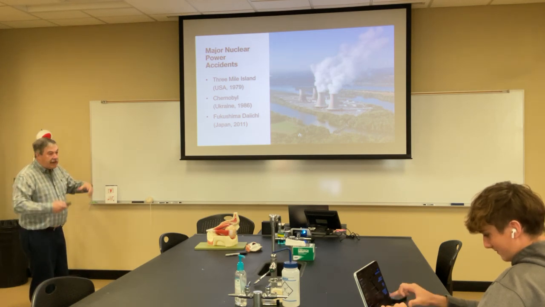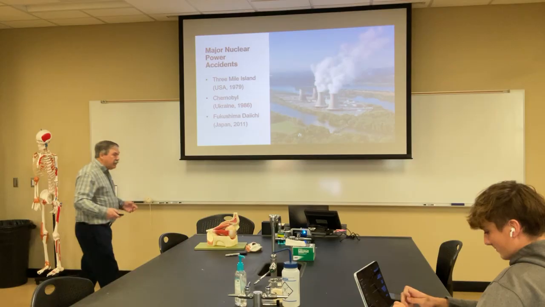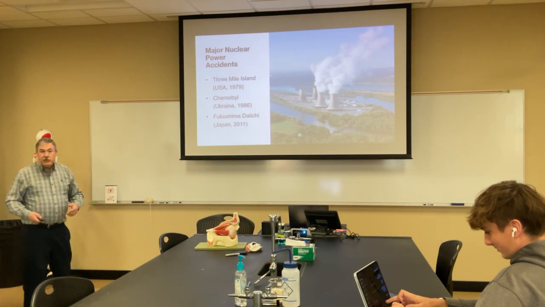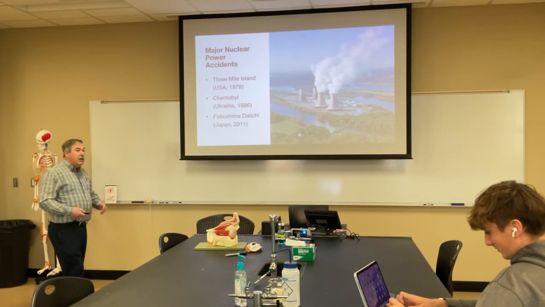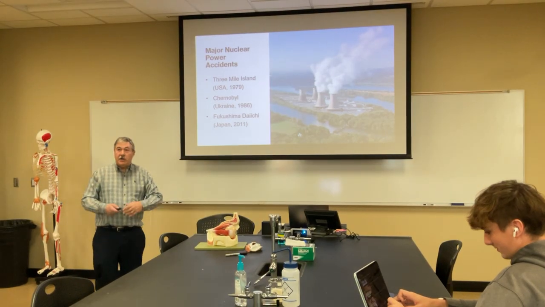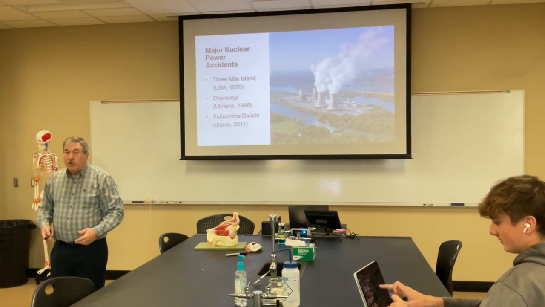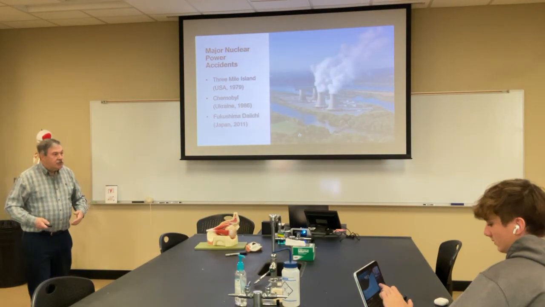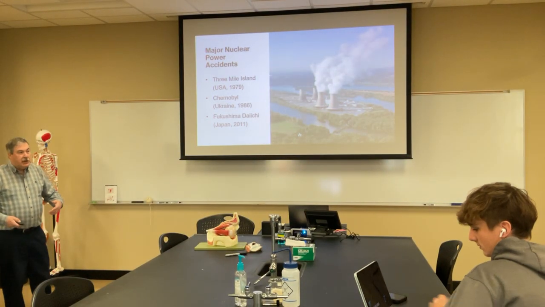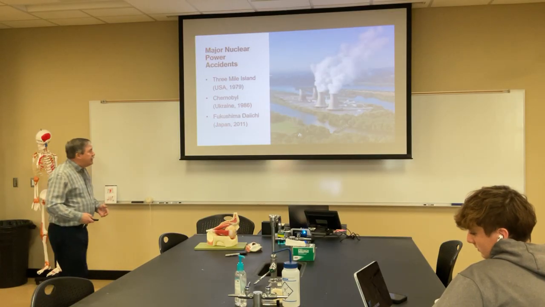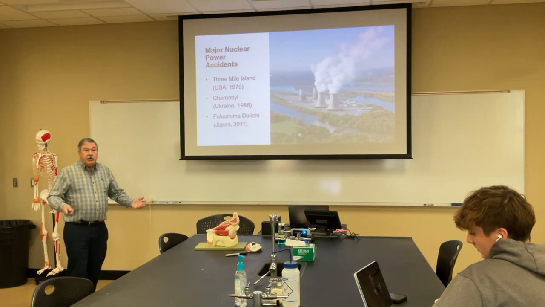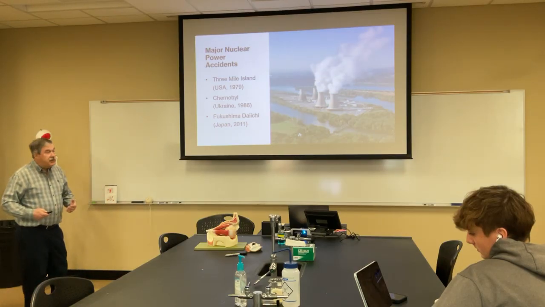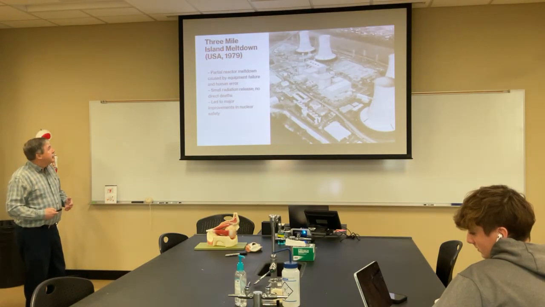And the plant actually caught on fire. It did release quite a bit of radiation, much of which ended up going into the ocean, which caused some marine organisms like fish to take up some of those radioactive elements, so that you couldn't eat them anymore. Otherwise, you would end up ingesting radioactive elements.